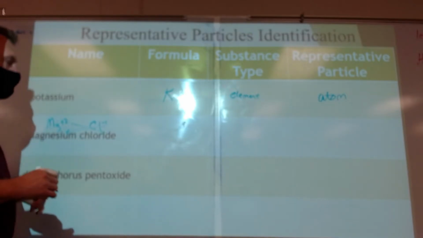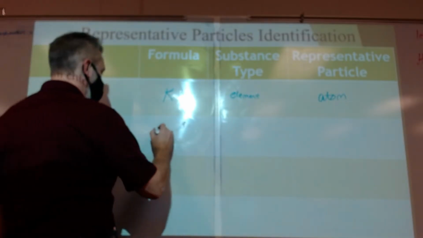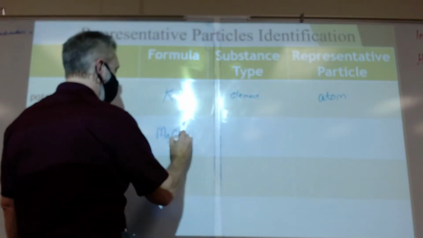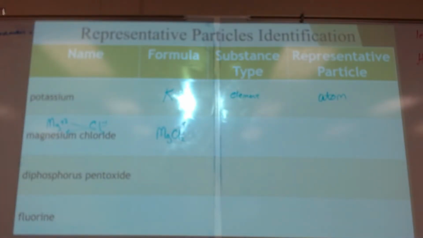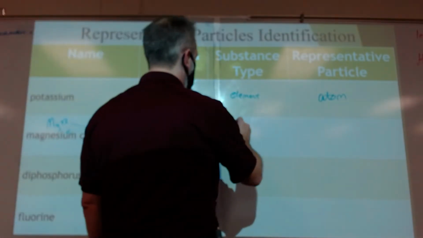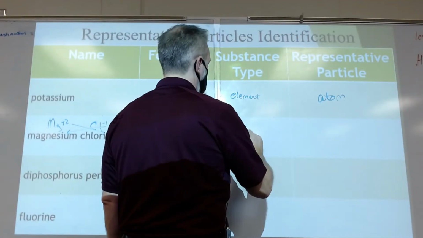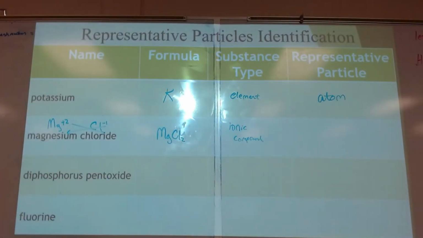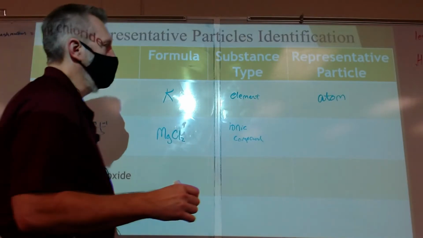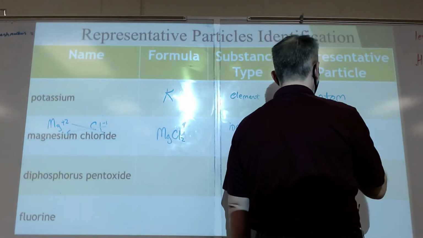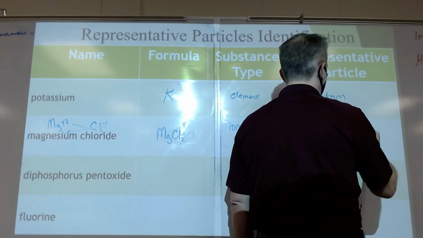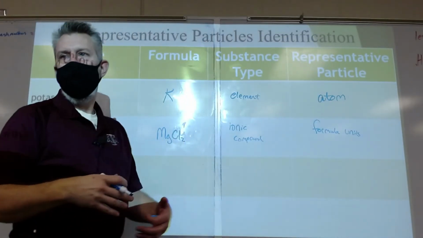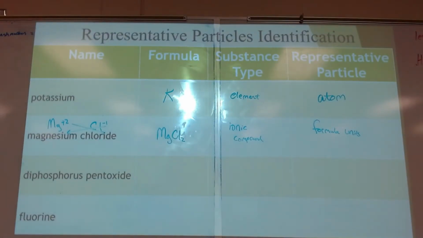So the formula for magnesium chloride is MgCl2. What kind of substance is this? It's an ionic compound, right? And the representative particle for ionic compounds are formula units. Remember, we write these as the smallest whole number ratio because they form crystal lattices.